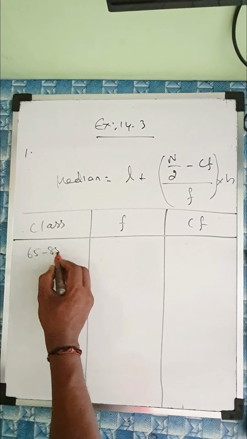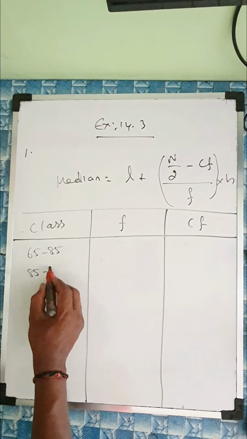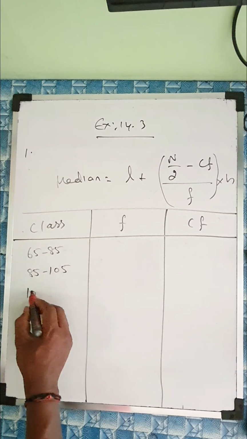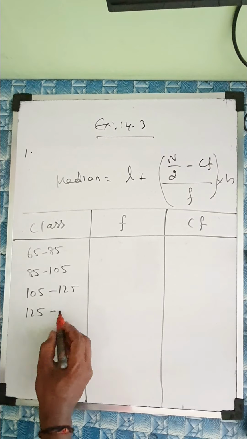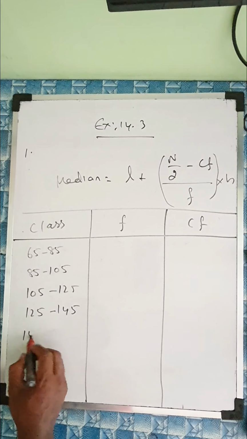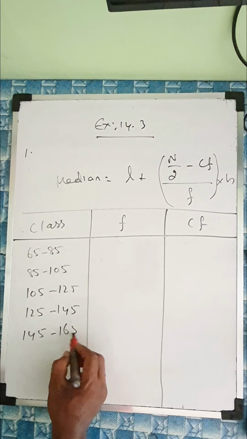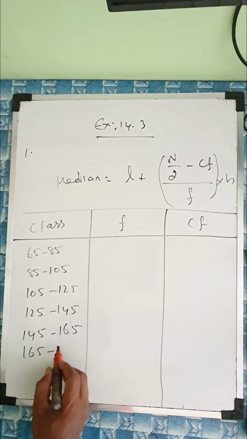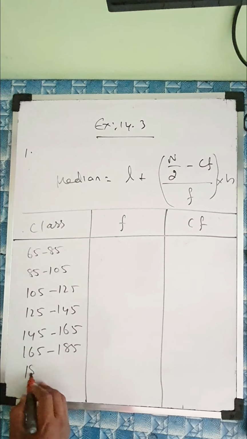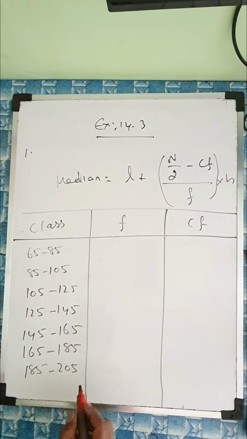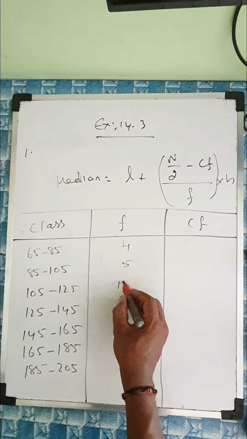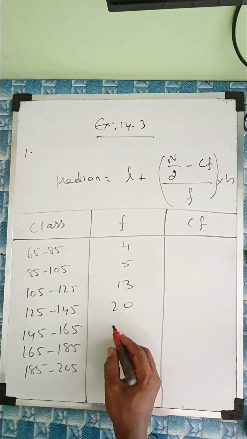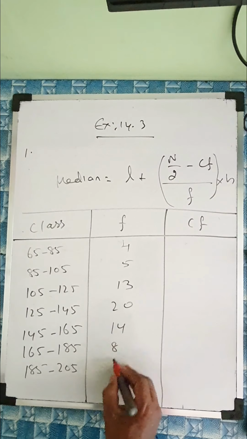So 65 to 85, 85 to 105, 105 to 125, 125 to 145, 145 to 165, 165 to 185, again 185 to 205. So here the frequencies are 4, 5, 13, 20, 14, 8 and 4.